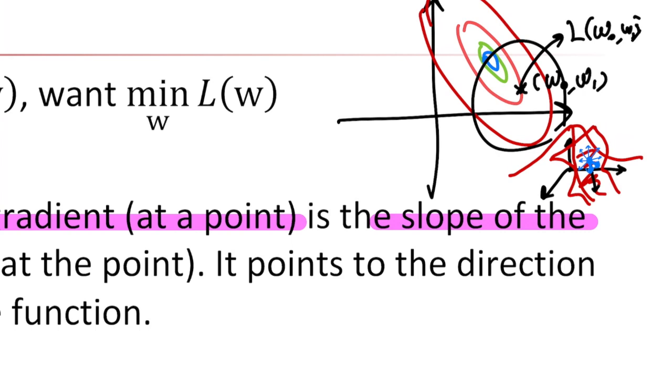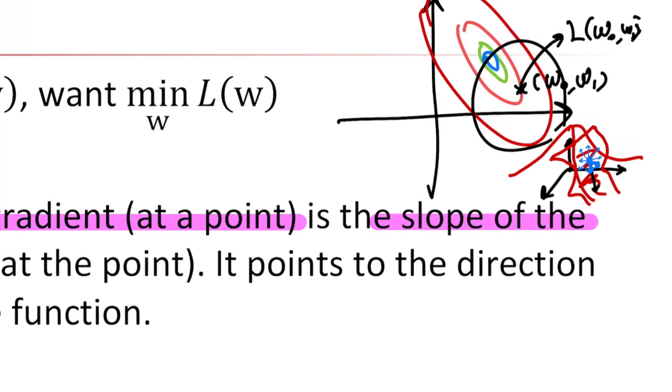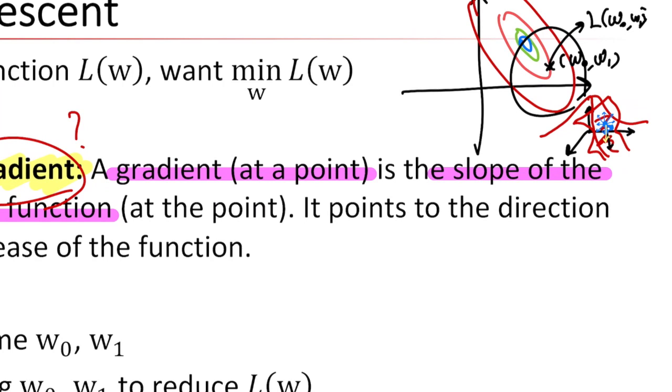So we could say that this direction is the optimal direction that we want to go. In this case, this direction is called the gradient.